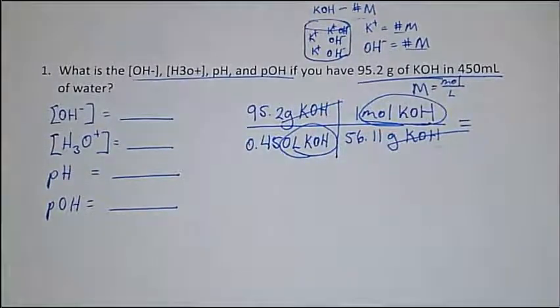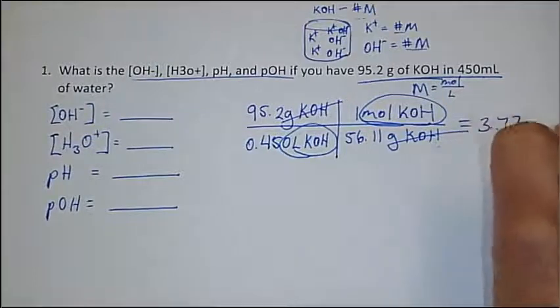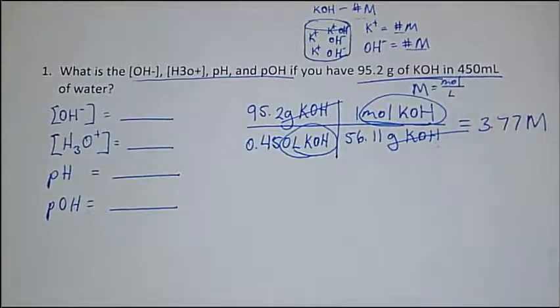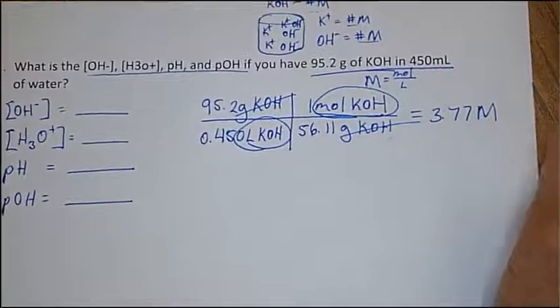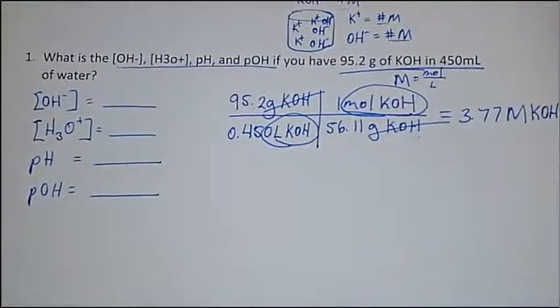And when I plug that into my calculator, and it's a simple calculation, I get 3.77 molarity, okay? And this is the molarity of potassium hydroxide. That's my molarity.